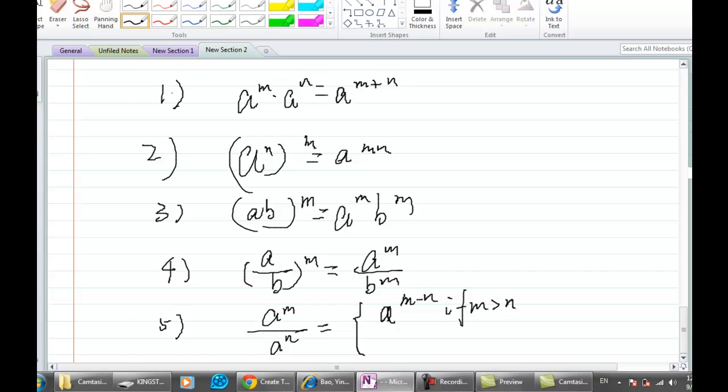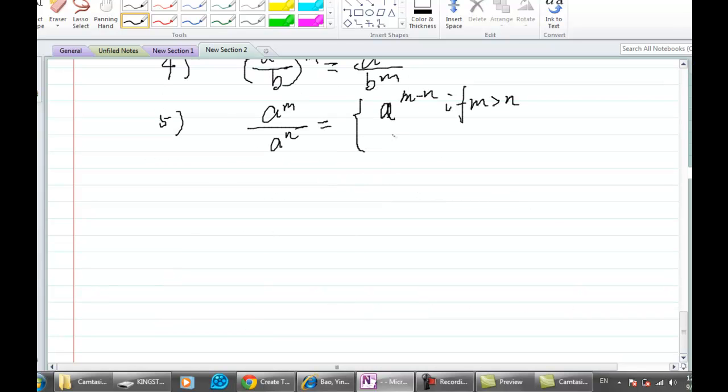If m is larger than n, and the second is 1 if m equals n, and the last one is 1 over a to the product n minus m if n is larger than m.